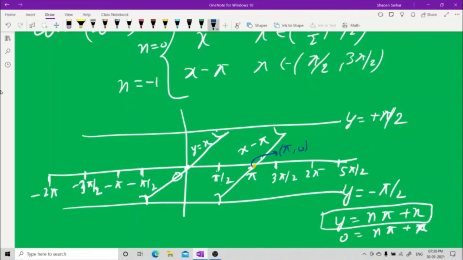So you put pi here, put 0 here, and put pi in place of x. So this pi will come here, minus pi and n pi. So n will come to be minus 1. So for n equal to minus 1, you are getting this. This way also you can do it. Now you can do this one also on your own. Between 3 pi and this, it will go like this, and you will get this line for n equal to plus 1.